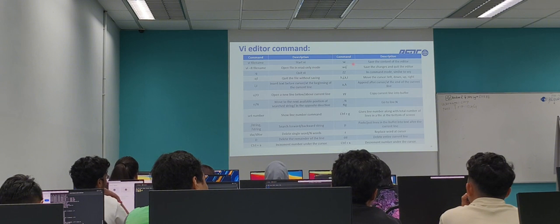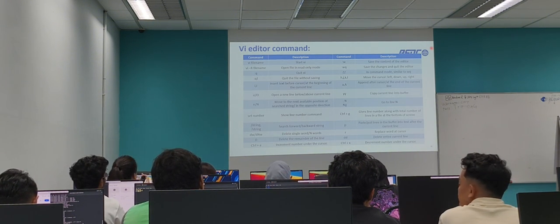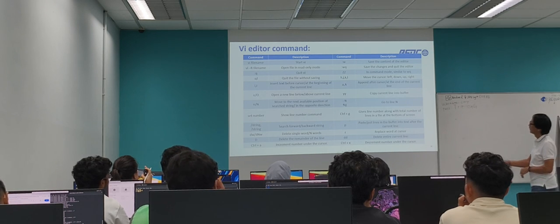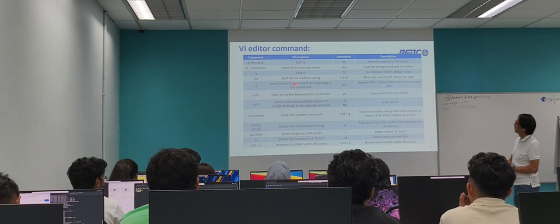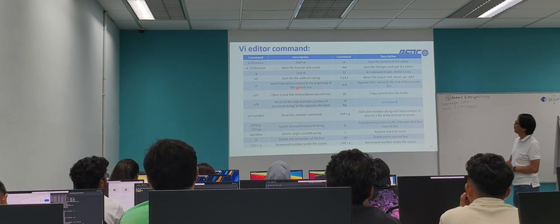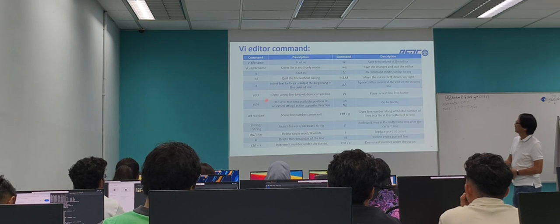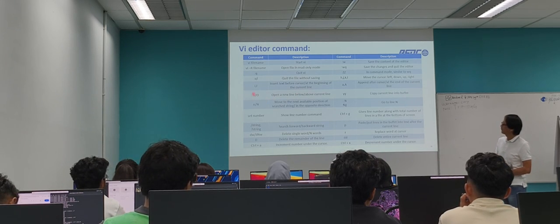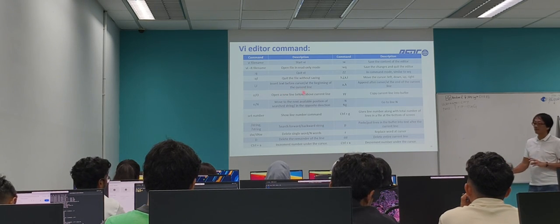Like this one. You have this one. Insert text at the cursor, at the beginning of the line. So you use small letter o or capital O to open a new line below or above the current line.